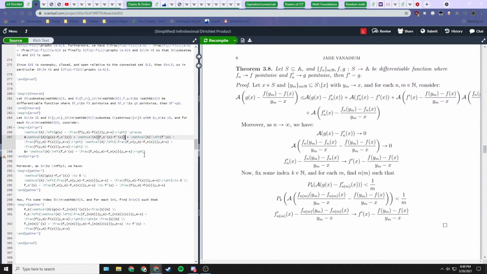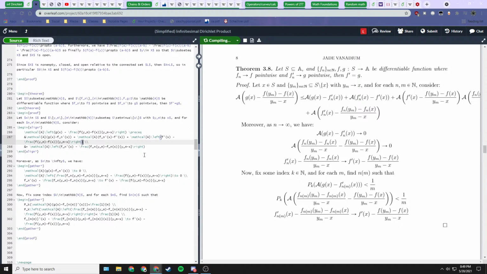Hold on. G of x, these f things. So g to f prime n to f prime, and then f prime to this fraction there. With n, this converges pointwise, this converges pointwise, and this just converges with m.